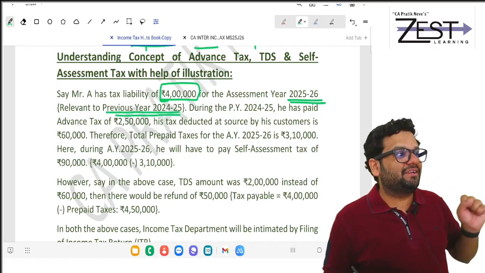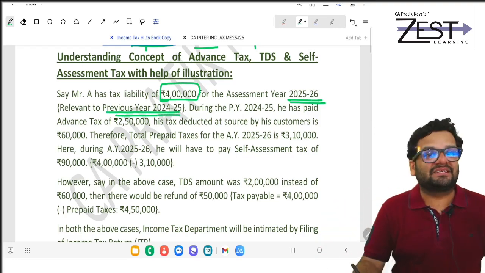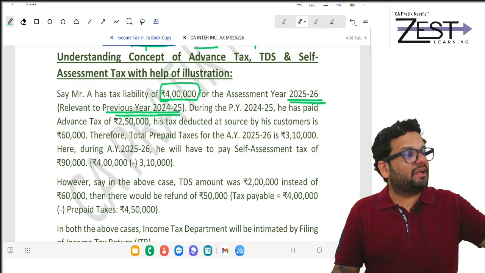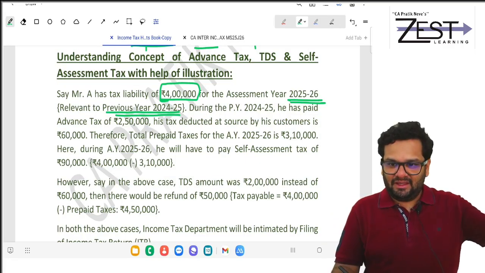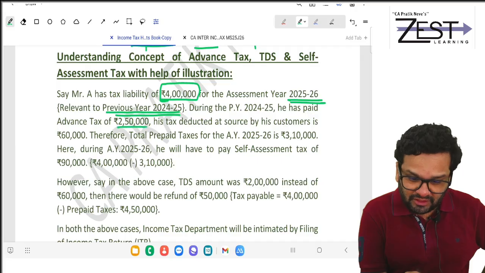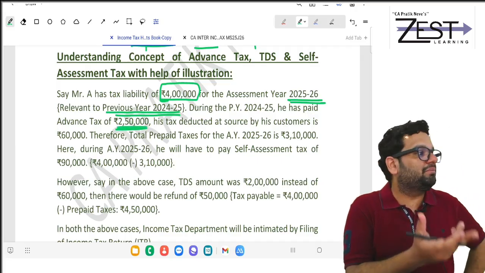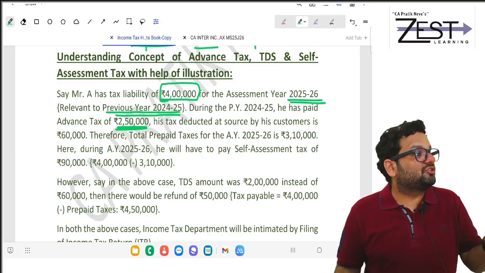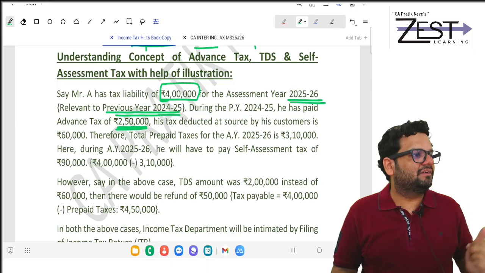So this liability is calculated in the AY. During PY 24-25, he has paid advance tax of 2,50,000. How did he pay advance tax? On an estimated basis, because the actual liability he will understand in the AY.